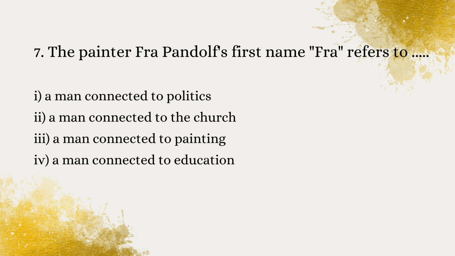Next question. The painter Fra Pandolf's first name, Fra, refers to a man connected to politics, a man connected to the church, a man connected to painting, and a man connected to education. The right option is a man connected to the church.